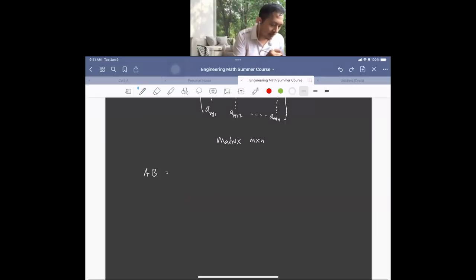So let's say A11, and another entry here, and this will be matrix B, B11, and this is B12. Sorry, this is B12.